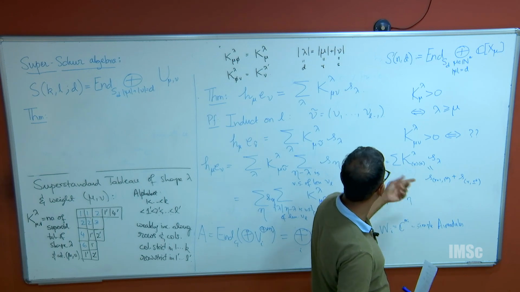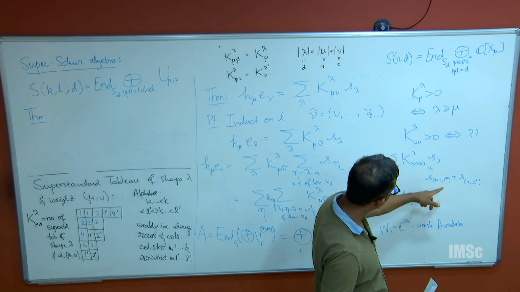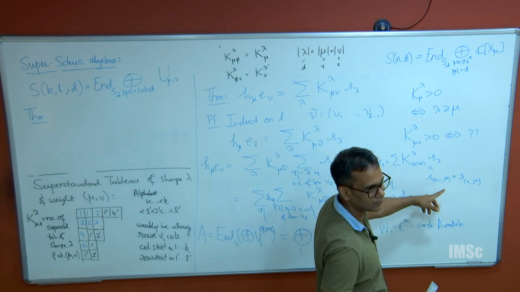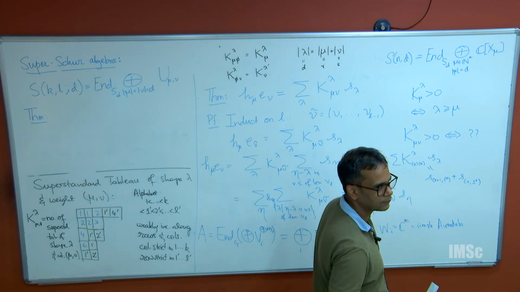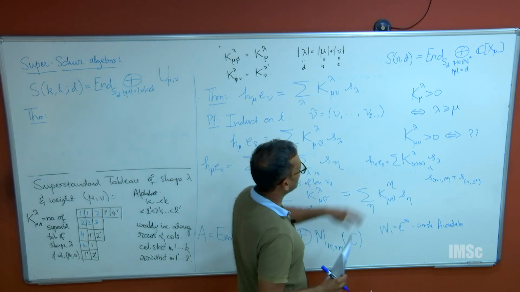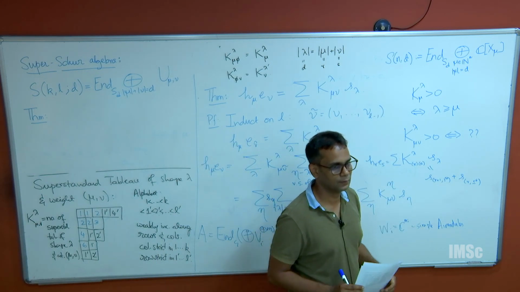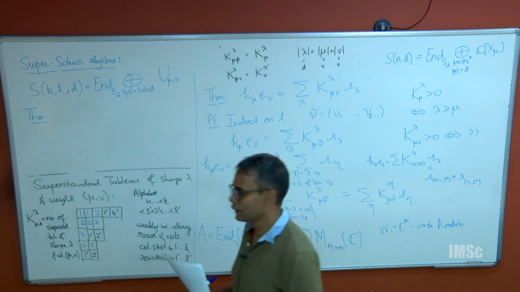So that is a nice example. The only things that occur are hooks, but not even all hooks occur, only two of these hooks occur.